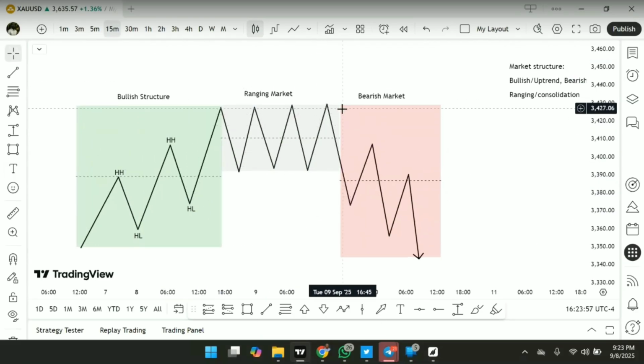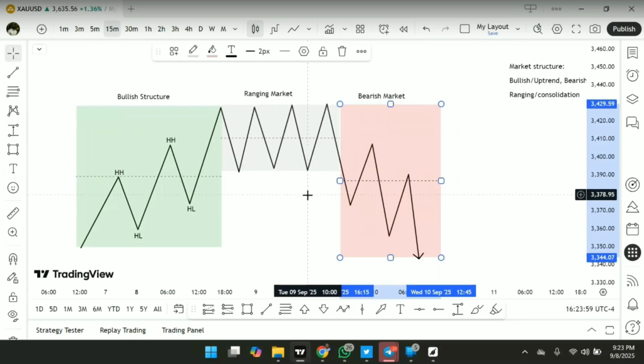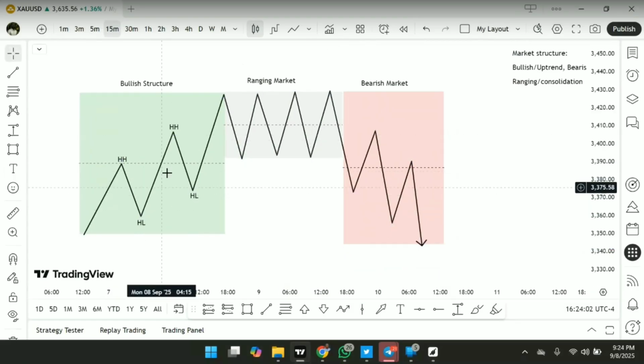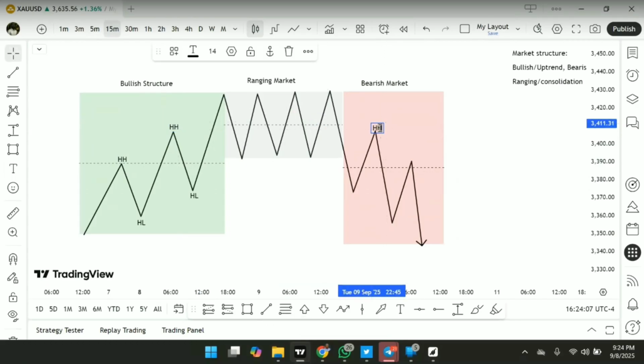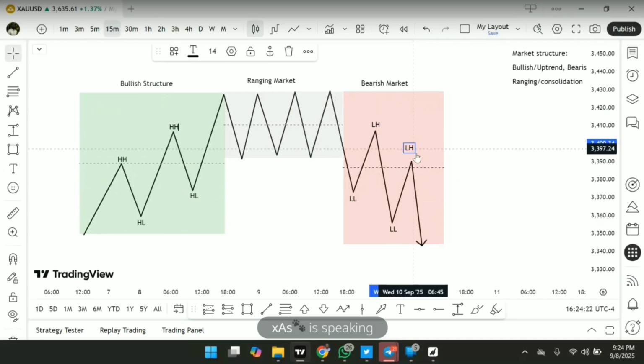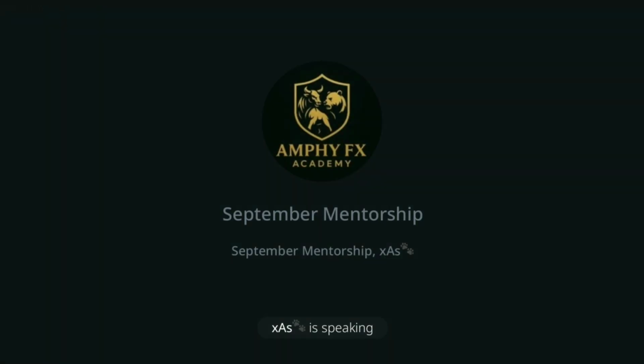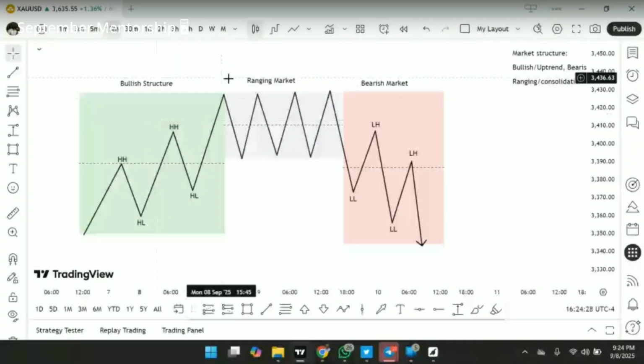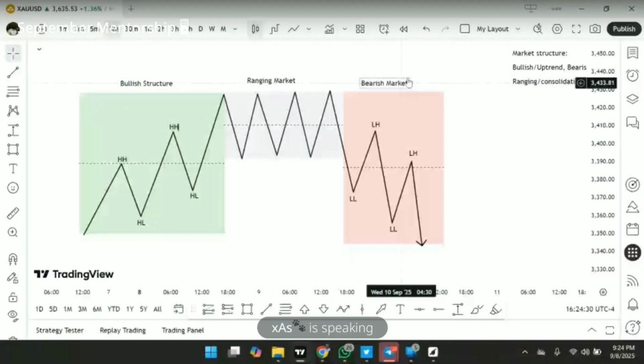Then when the market is giving us a series of lower lows, lower highs, then lower low, and then lower high. So there are three kinds of market structures: bullish market structure, the range market, and bearish market structure.